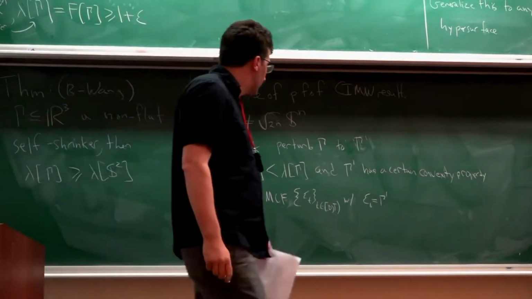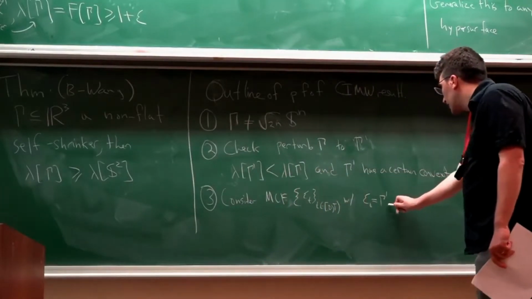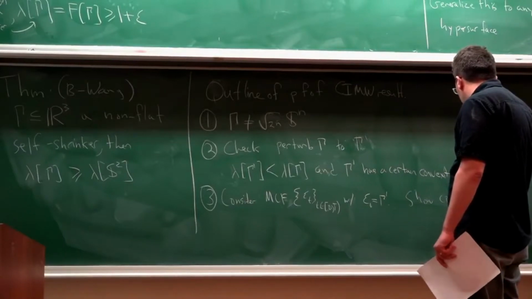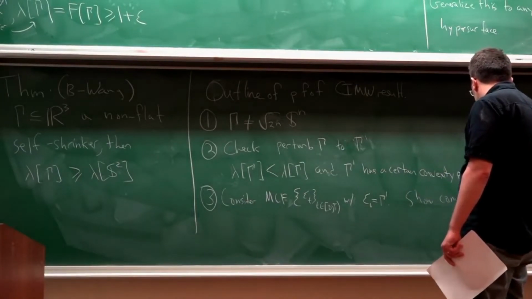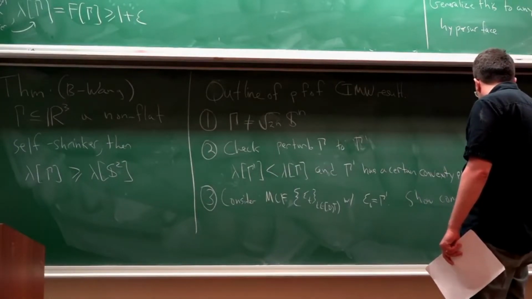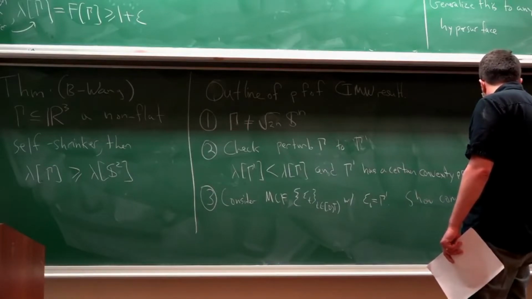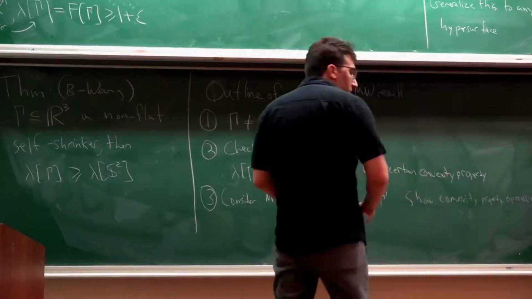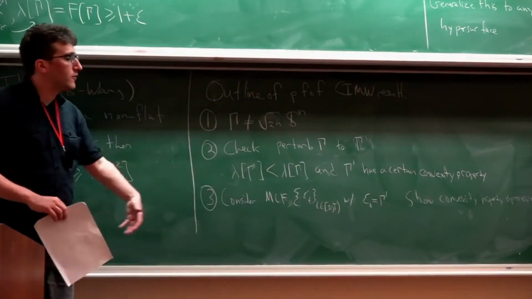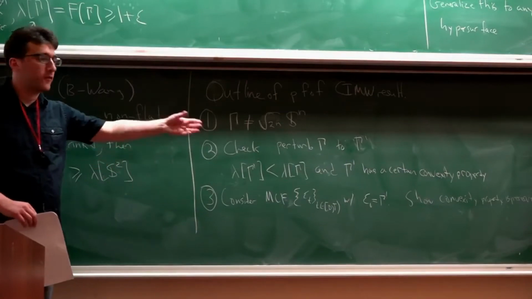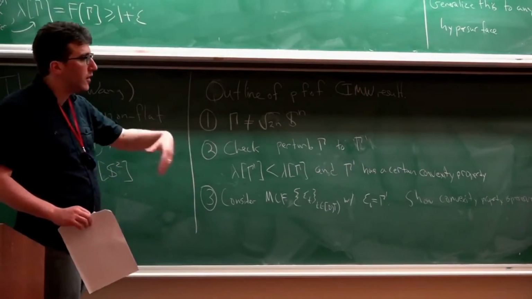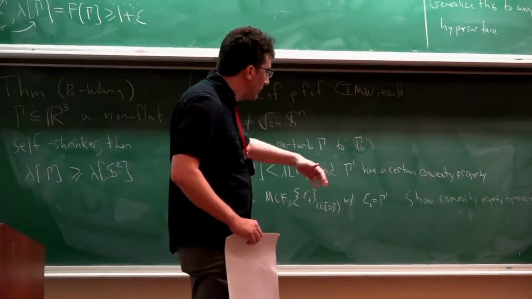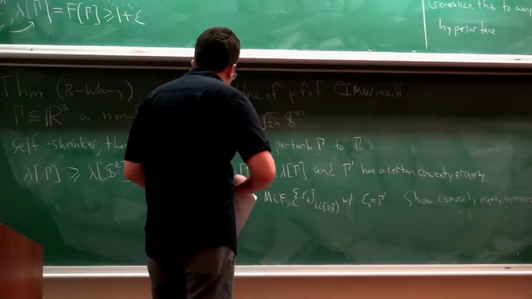And what we're going to show is that this convexity property is preserved. For example, it's a known fact that if it's mean convex, then that's preserved under the flow. So this convexity property that's like mean convexity will also be preserved along the flow.